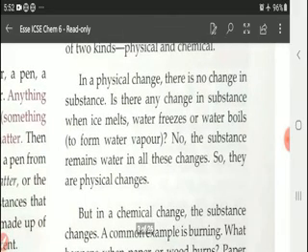If we think about these transformations or changes, we will get the answer, no. The substance remains water in all these changes. Ice melts, that is one change. Water freezes, another change. Water boils, another change. In these three cases, the substance remains water in all the changes. So they are physical changes.